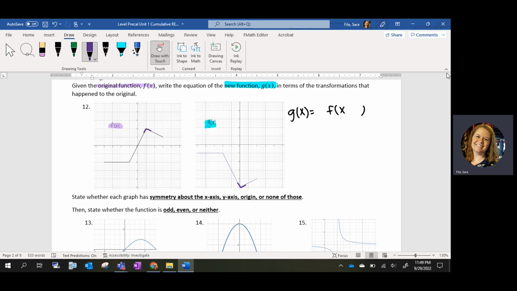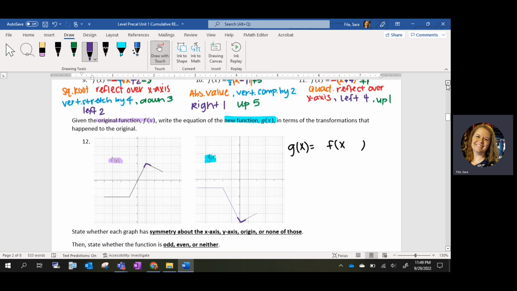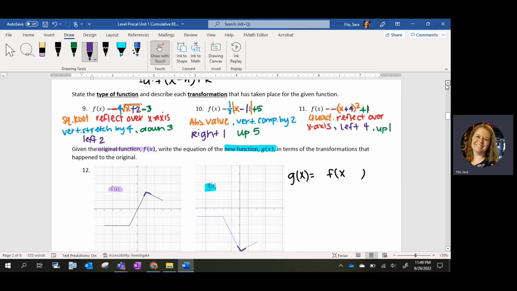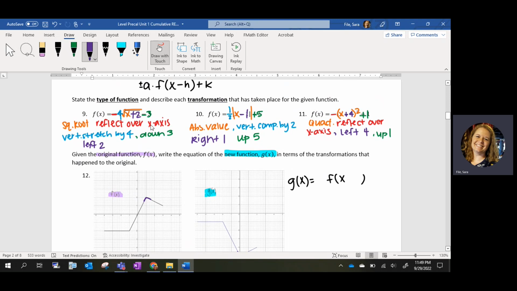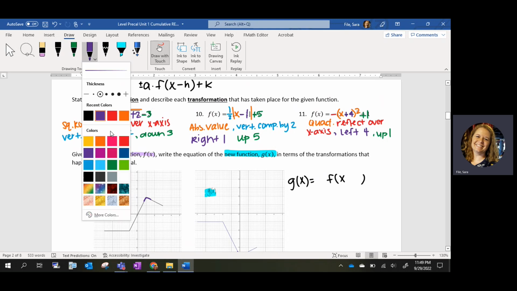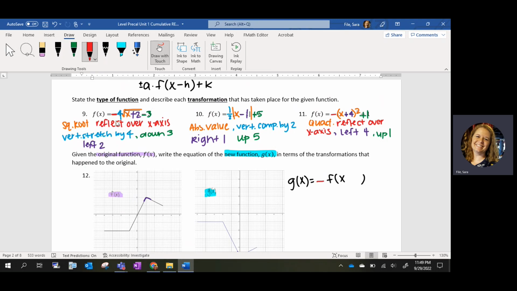So we said, let me go back up here, we can see these at the same time. We said here that flipping over the x-axis was a negative a value. It's a negative on the outside. So I know that I'm going to have a negative for the a value. Now let's see, is there an actual stretch? So if you measure the width of the graph, so this goes from -4 to 3, so that's 7 across.